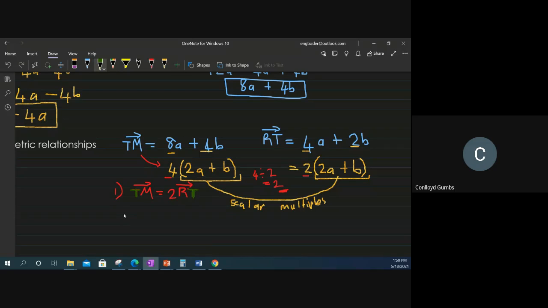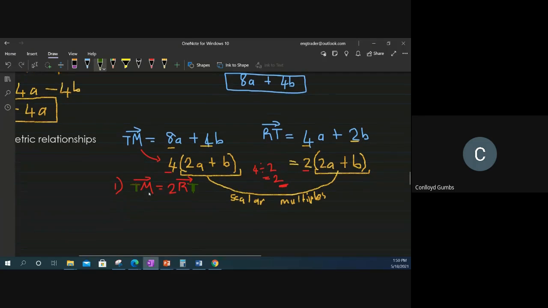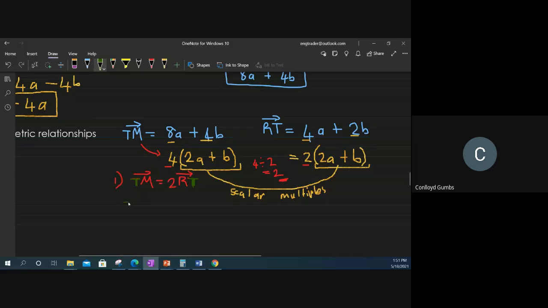So in this case, we could say they share a common point, which is T. So that means TM and RT are collinear. All right? They are scalar multiples of each other, and they share the same point, which is T. So we know they are collinear.